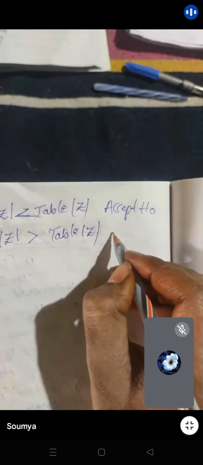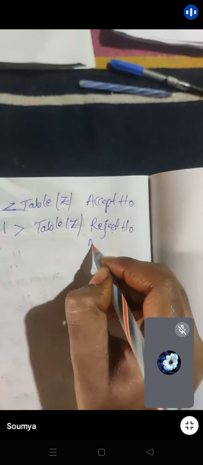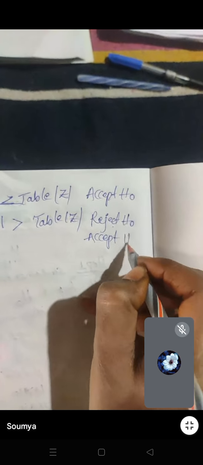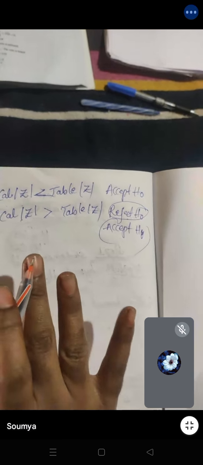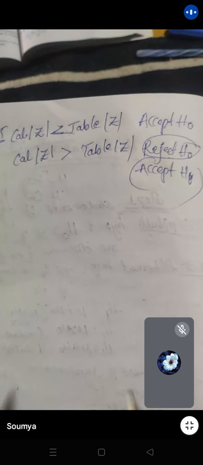Less than means accept H naught, and greater than means reject H naught. Reject H naught means accept H1, the alternative. Okay, this is the procedure for the test of hypothesis.